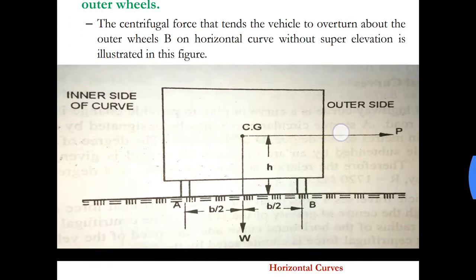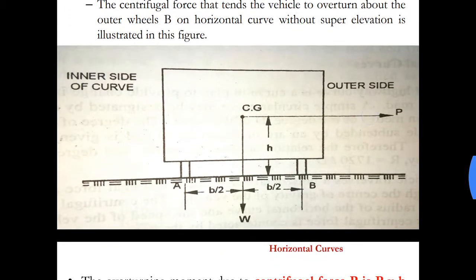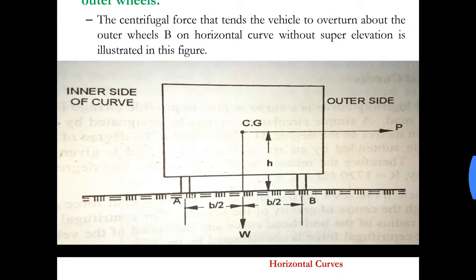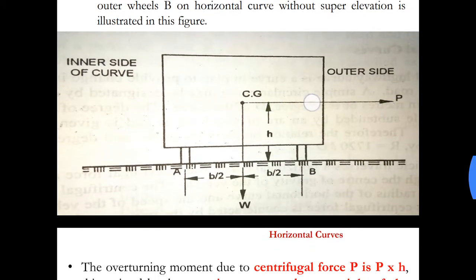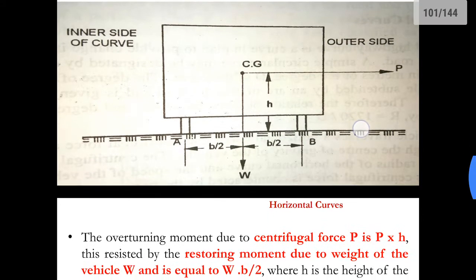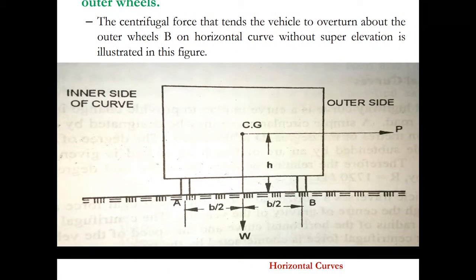So if there is less friction present on the road surface, then there is a chance that this vehicle can either overturn towards the outer side, or skid laterally towards the outer side, while traversing a horizontal curve.